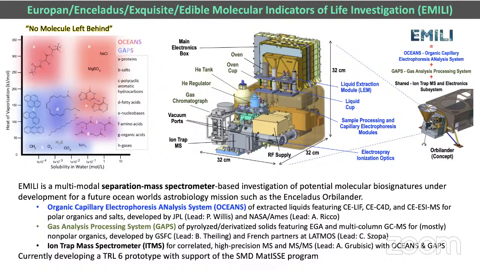So the fundamental design of Emily that realizes this kind of no molecule left behind approach is that we combine the capillary electrophoresis protocol through the OCEANS subsystem, which does separation mass spectrometry and more. And you've probably heard from Peter Willis and his group about the developments there and the capabilities, combined with the GCMS, which we call GAPS, which is a multi-column GC and an evolved gas analyzer.